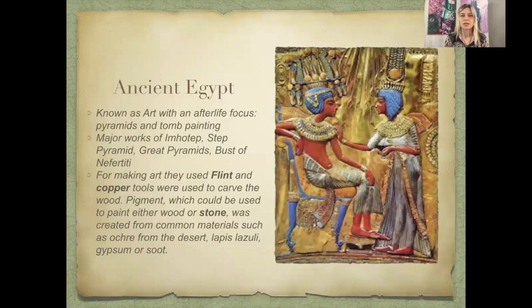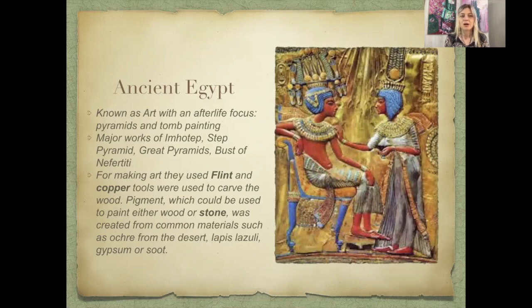So Ancient Egypt, known as art with afterlife focus. The pyramids and tomb paintings, major works, important step pyramids, great pyramids. So all this was for worshipping the afterlife.